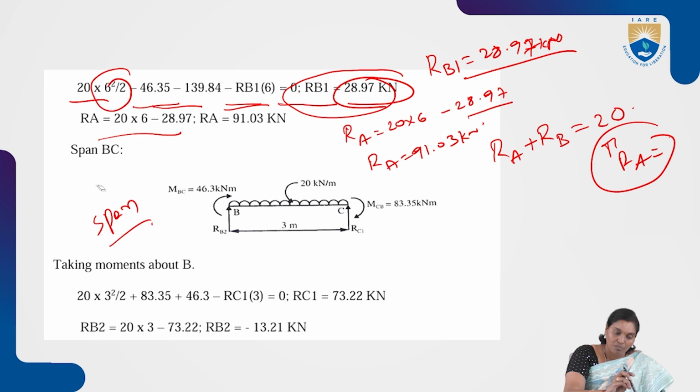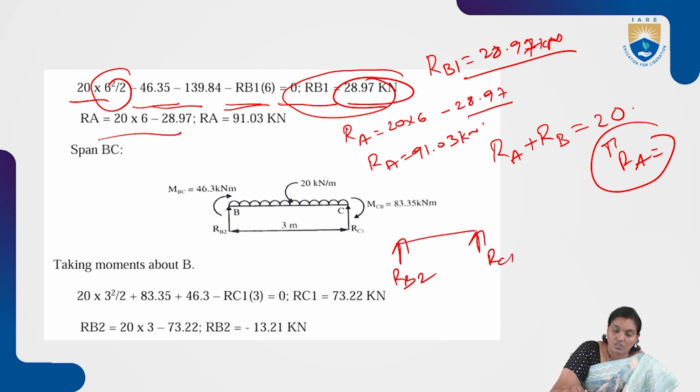Now for span BC, these are the equations we get: RB2 and RC1, with a uniformly distributed load in between, and MCB and MBC are also there.